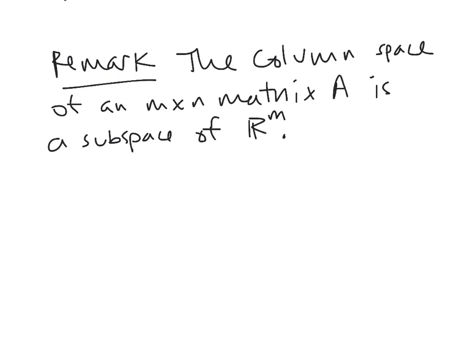So what this tells us is that if you can show that a set of vectors is equal to the column space of some matrix, then you've actually shown that it is a subspace. So another way of writing the column space of A is very helpful.